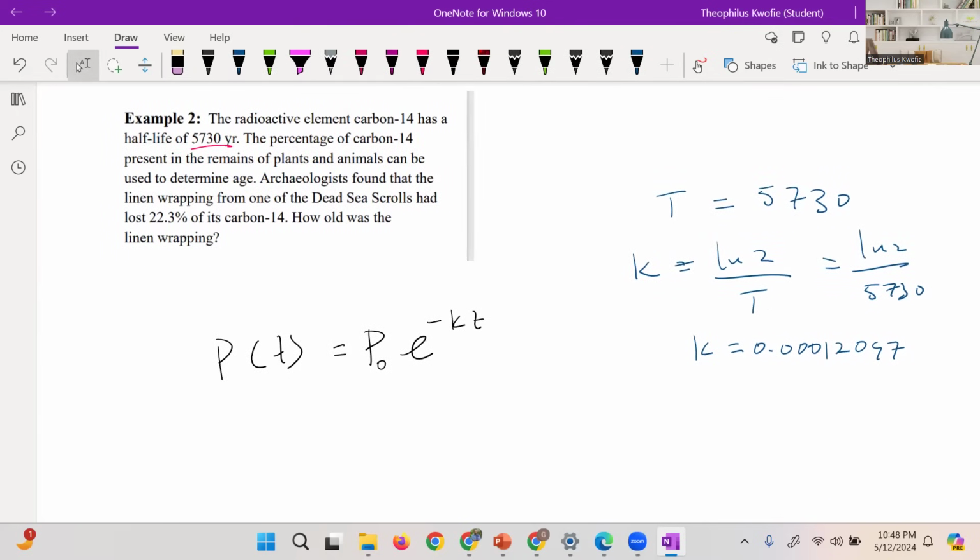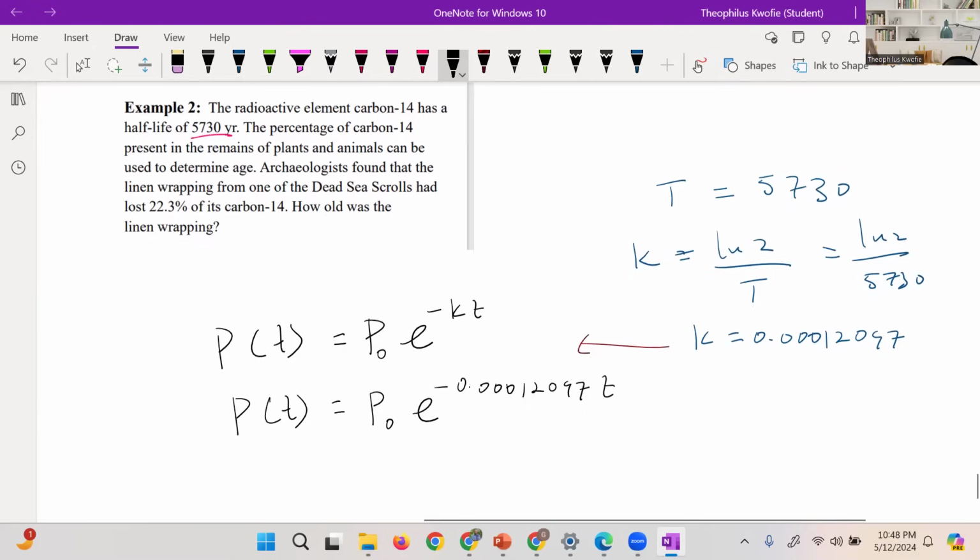So I want us to take note of this. If we already know our decay rate, we can just plug in. So we know our decay rate to be equal to 0.000012097, okay? So it means that the general solution will just be this. This is the general solution, as far as this problem is concerned.